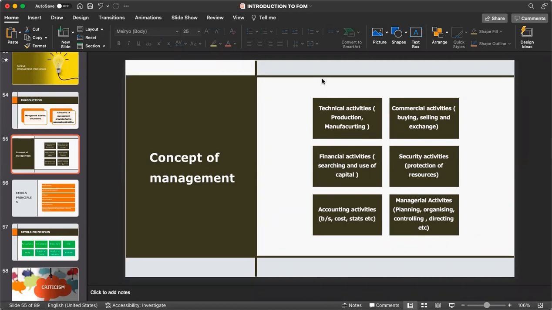The second is commercial activity, which means trading activity, buying and selling of goods and services.